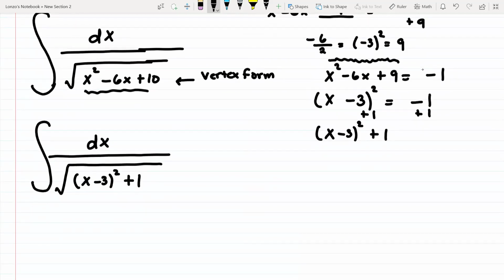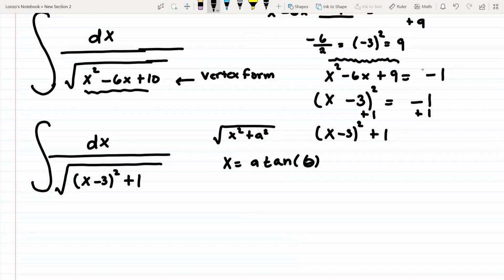Now we have to use one of our identities. We have x minus 3 squared plus 1. This square root of x minus 3 squared plus 1 looks very similar to the rule of x squared plus a squared, right? So if you use that rule, you're going to use x equals a times tan theta.